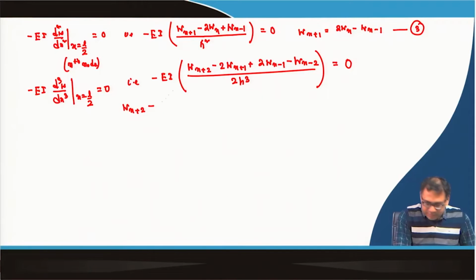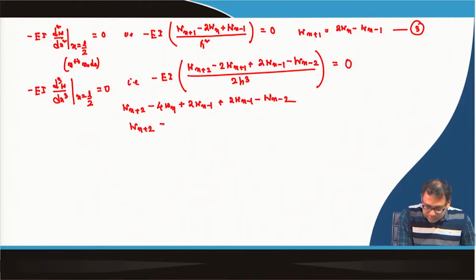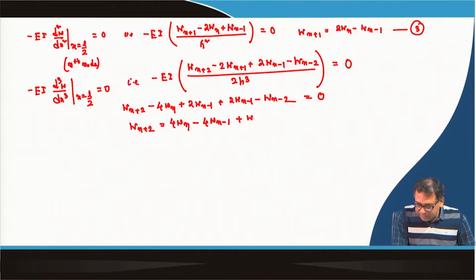So, this will be 4 w n, then minus 4 w n minus 1, plus 2 w n minus 1, minus w n minus 2. So, w n plus 2, because this is another imaginary node, will be in terms of real nodes, and this is equal to 0. This is my fourth condition.